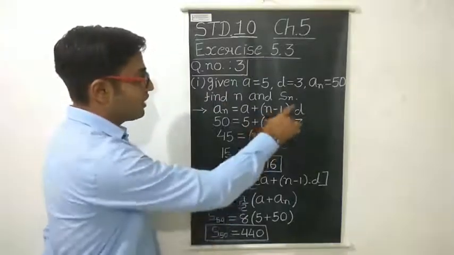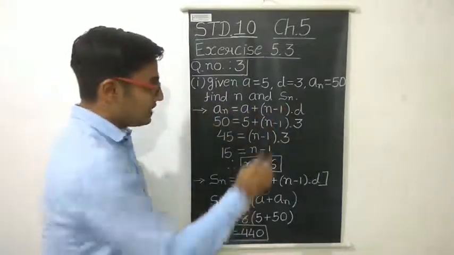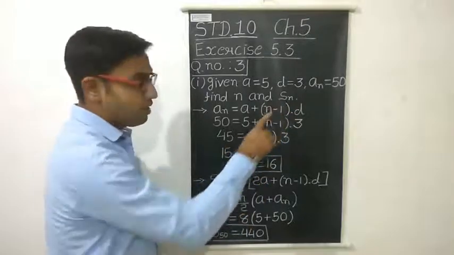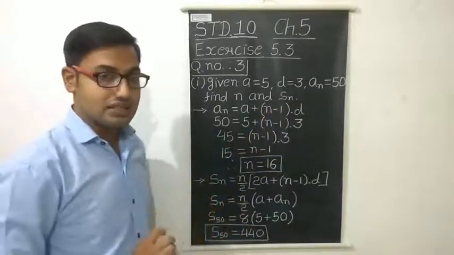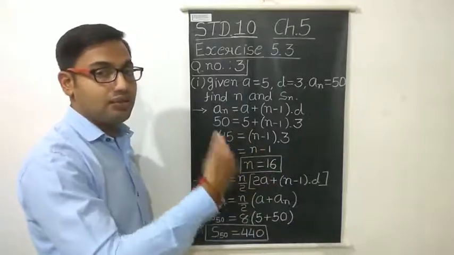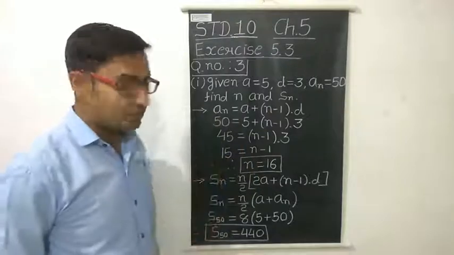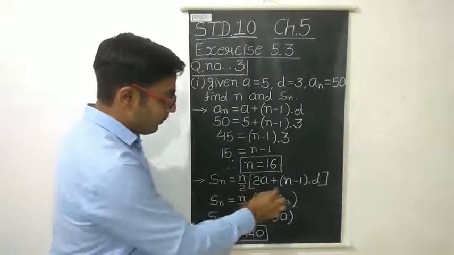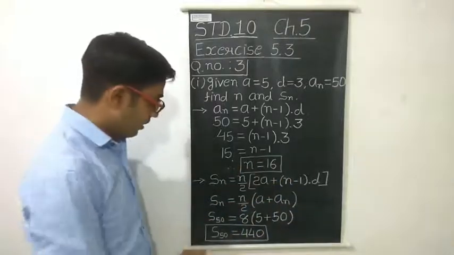Now we have to find out the Sn. Now n is 16, so we have to find out the value of S16. That means the addition of the first 16 terms of this AP. The formula of Sn is equal to n by 2 into 2a plus n minus 1 into d.